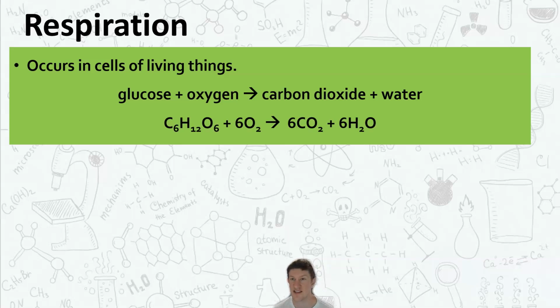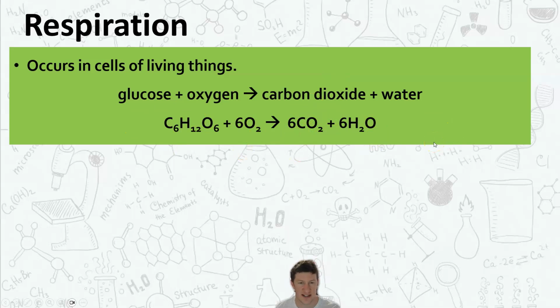So glucose is C6H12O6, oxygen is O2, carbon dioxide we know is CO2, and water is H2O. And then we just need to go along and balance, and that's where the sixes have come from, just to balance out all the equations.